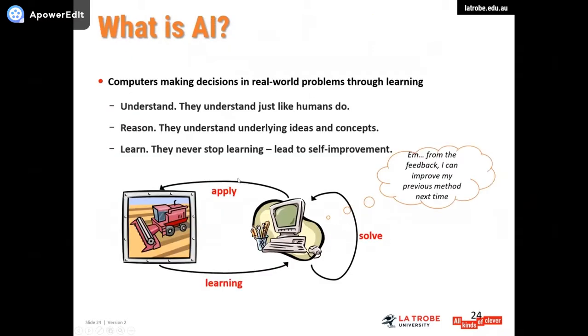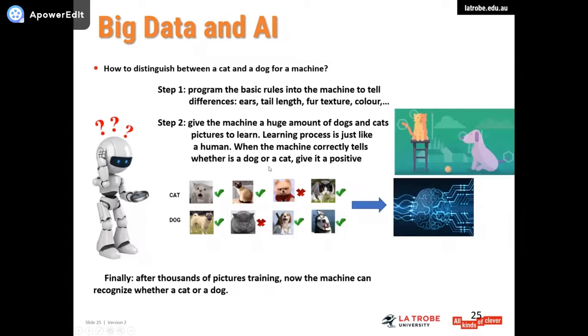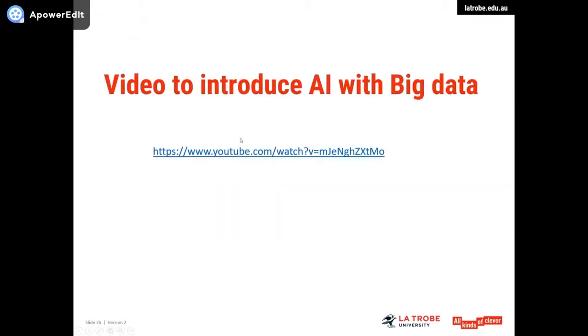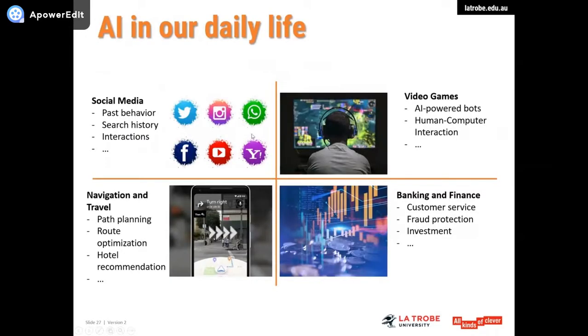This example gives the steps of how a machine distinguishes between cat and dog. You can have a quick look, and then you should be able to list some examples of AI in our daily life. That's the end of all the lectures.